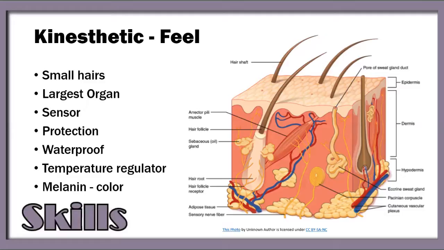It is protection. It is waterproof. It keeps track of the temperature and keeps it from getting too warm or too cold. And this is the one thing that changes. When we talk about people having different colors to their skin, it really just has to do with melanin. That's the big difference between one person and another. It's just the amount of melanin that they have in their skin.